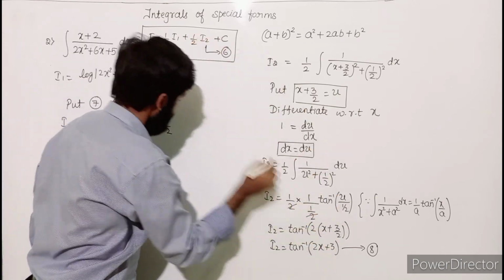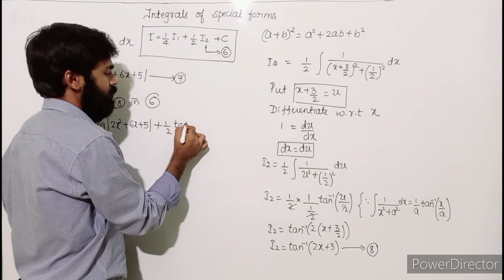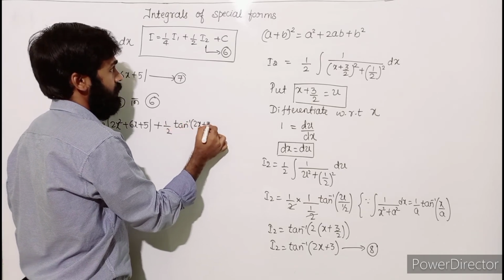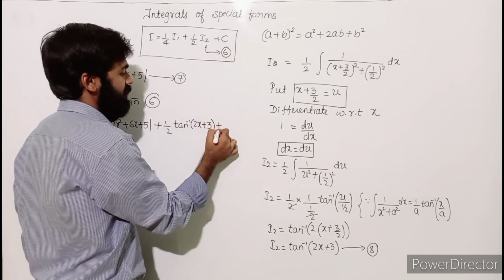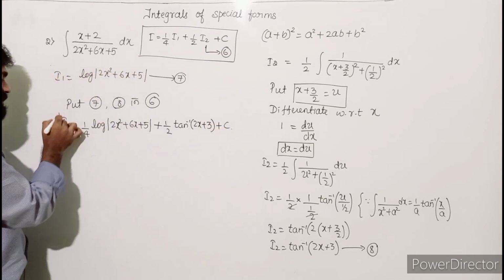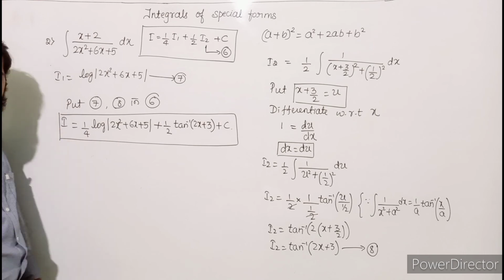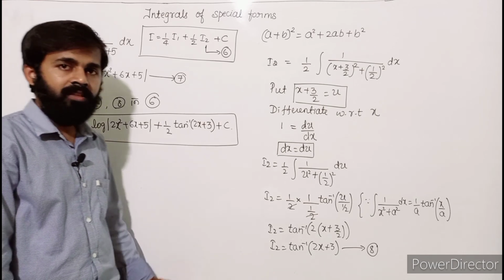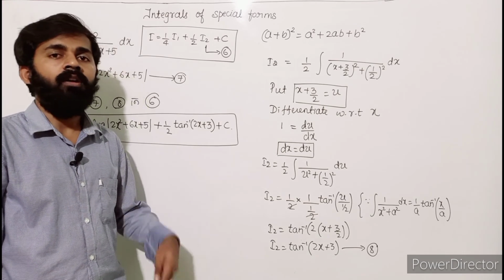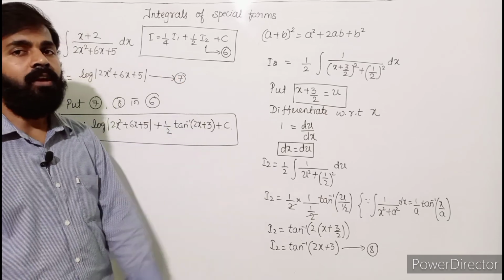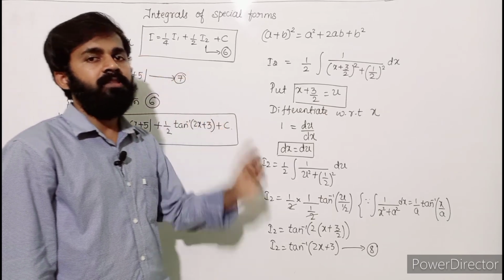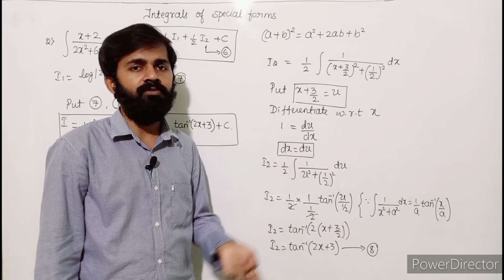I2 is what? Tan inverse 2x plus 3, right, plus constant of integration c. That's the solution for this problem. Okay, this method involves what? Solving by substitution as well as using the derivations we have done.